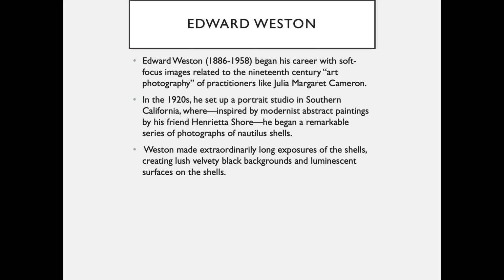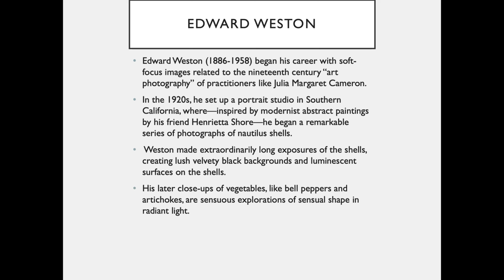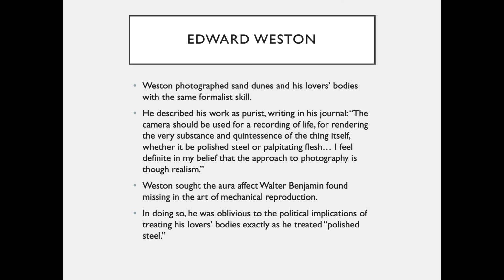Weston made extraordinarily long exposures of the shells, creating lush, velvety black backgrounds and luminescent surfaces on the shells. His later close-ups of vegetables, like bell peppers and artichokes, are sensuous explorations of sensual shape in radiant light. Weston photographed sand dunes and his lover's body with the same formalist skills.